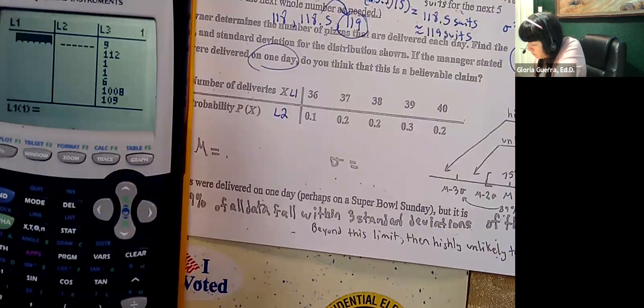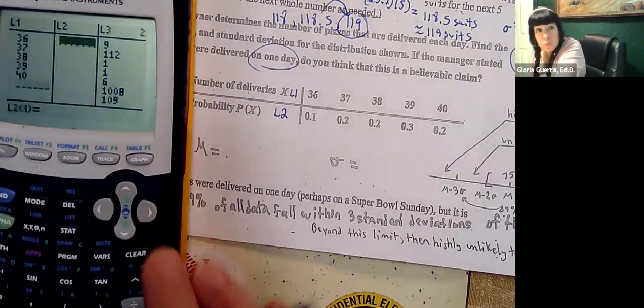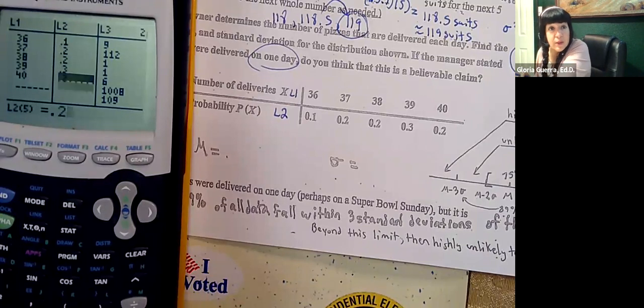Input your data: 36, 37, 38, 39, 40. Then input 1/10, 2/10, another 2/10, a 3/10, 2/10, okay?